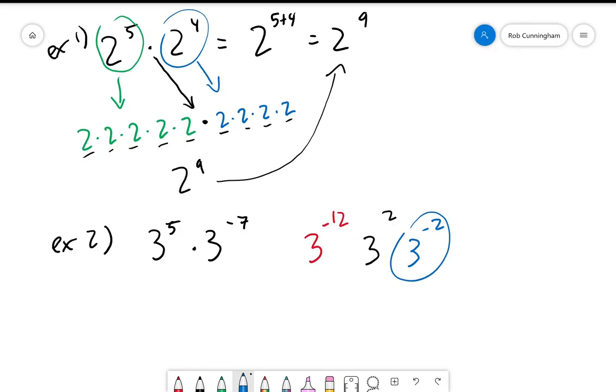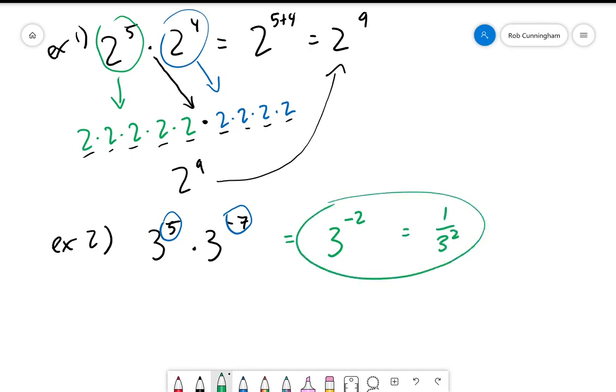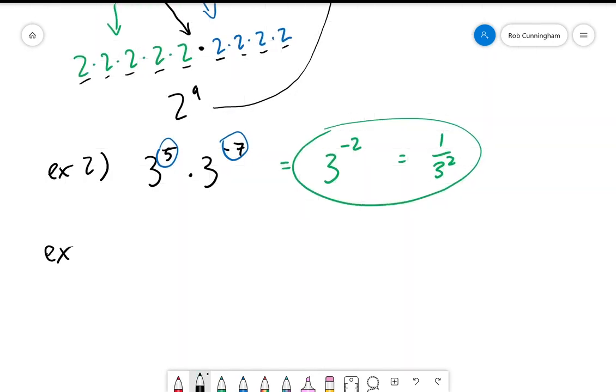But you have to be able to add and subtract these positive and negative numbers accurately. So be careful with that. 5 plus negative 7 is negative 2. And yes, we're going to do a whole different video on negative exponents, but we could call that 1 over 3 to the 2 as well if we want. Both answers are correct.